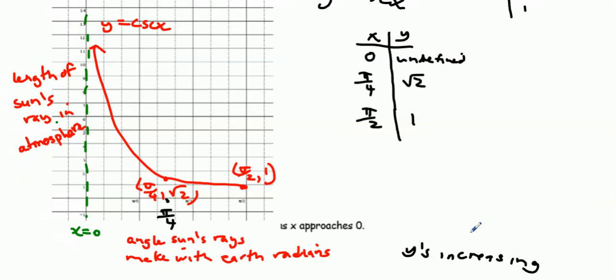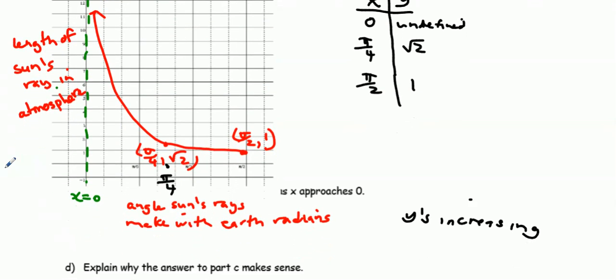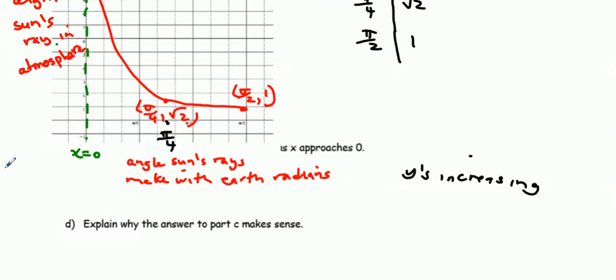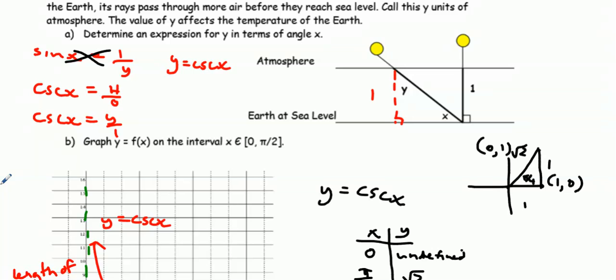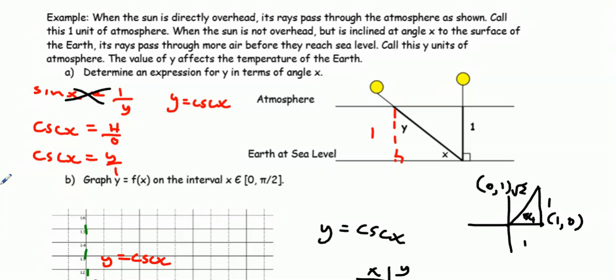Why does this make sense? So put this into context. Explain why the answer to C makes sense, because we know that if you go back to the diagram, as the angle decreases, the rays must increase.